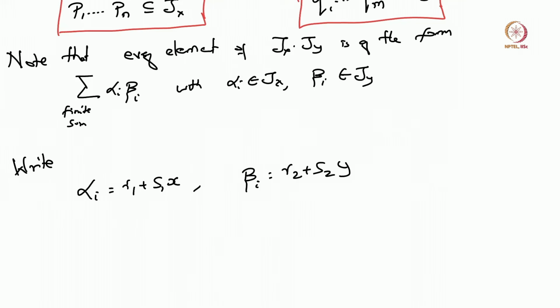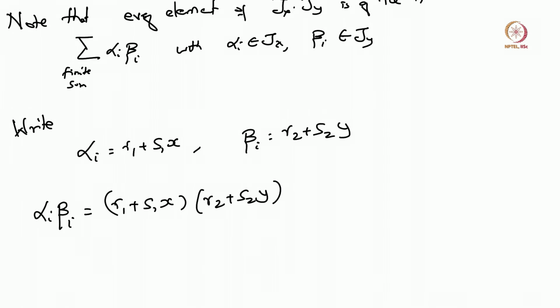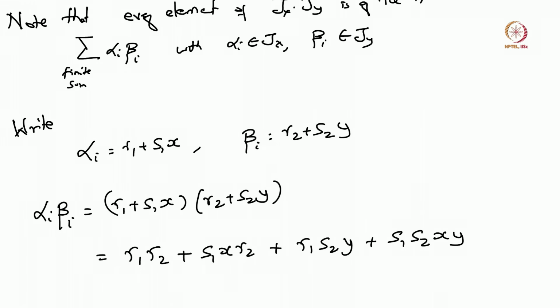So an arbitrary term alpha I beta I is of the form R1 plus S1x times R2 plus S2y. If you multiply this out, you get R1R2 plus S1xR2 plus R1S2y plus S1S2xy.